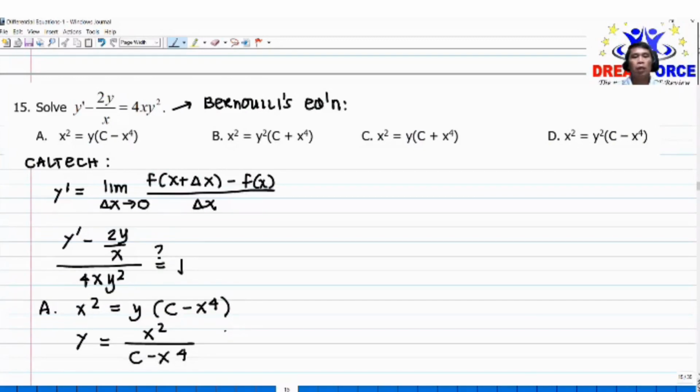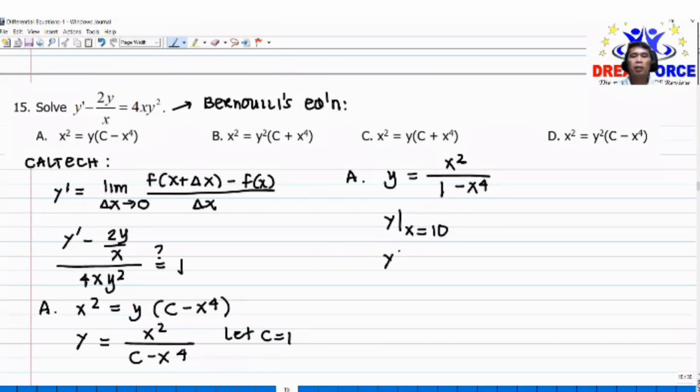First is to let c is equal to 1. So yung A natin, yung equation ng y is equal to x squared all over 1 minus x to the fourth. Okay? So, lagay natin y, the value of y when x is equal to 10 or 5 or any value na hindi siya magiging 0 dun sa baba.